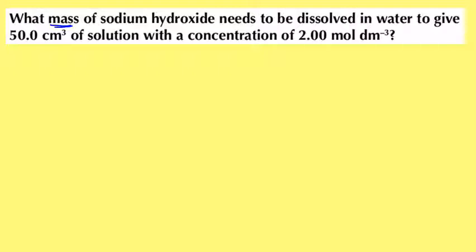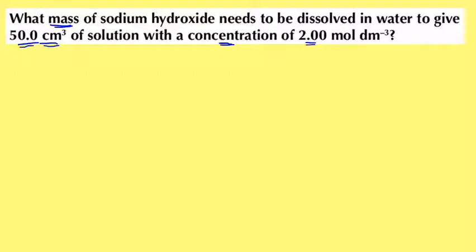If you look at the rest of the information in the question, it's talking about concentration, right? It gives you the number, and it's talking about volume, and it's given you 50 cm cubed. Notice cm cubed, not dm cubed.